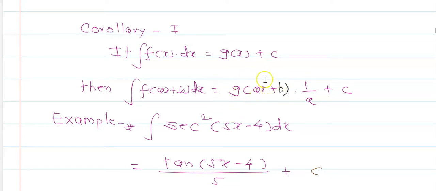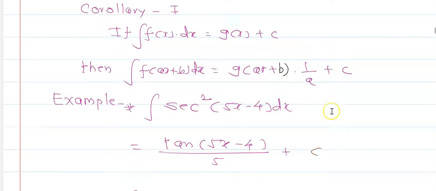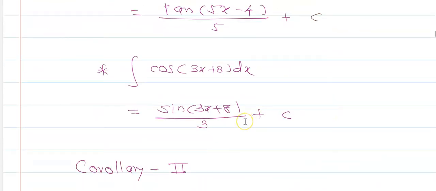But in the case of integration, whenever the function is of the form ax plus b, its integral is g of ax plus b into 1 upon the derivative of ax plus b, which is a. In the same manner, I always remember and teach it in this language so that students can remember this.